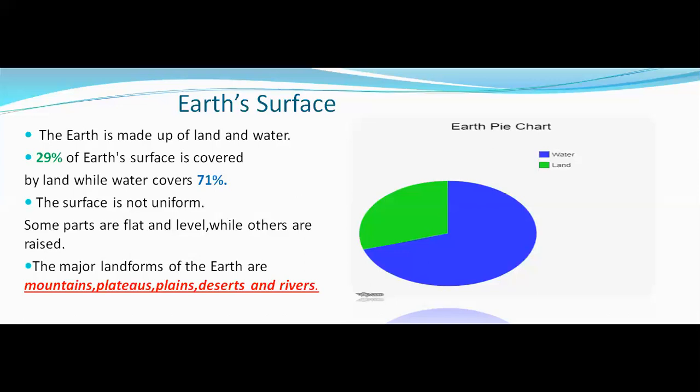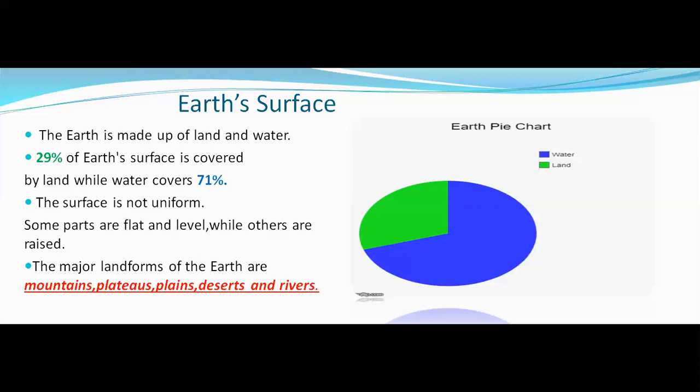What are they, children? Mountains, plateaus, plains, deserts, and rivers. Children, please repeat with me: the major landforms of our Earth are mountains, plateaus, plains, deserts, and rivers.